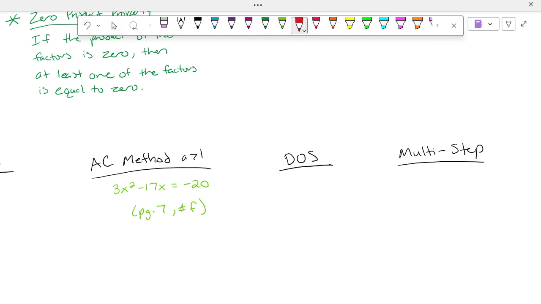So I'll post that on the journal page as well as in your notes page in Canvas. But for DOS, I'm going to do 49x squared minus 36 equal to 0. So this is page 14, number 9.